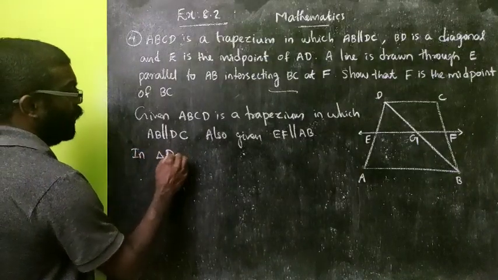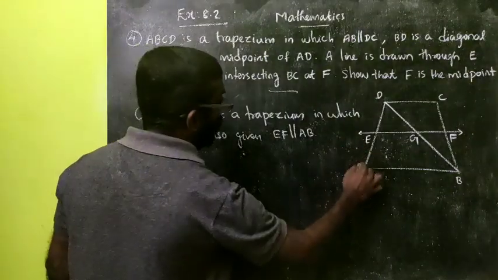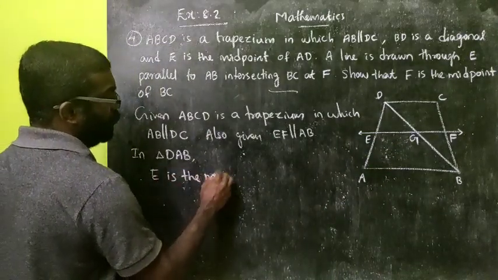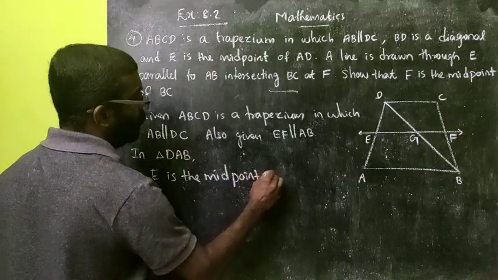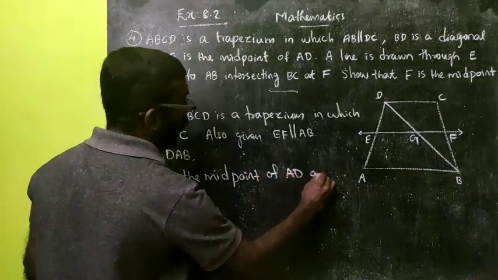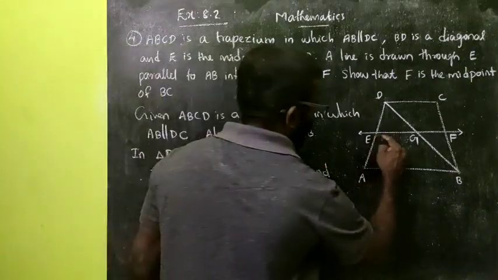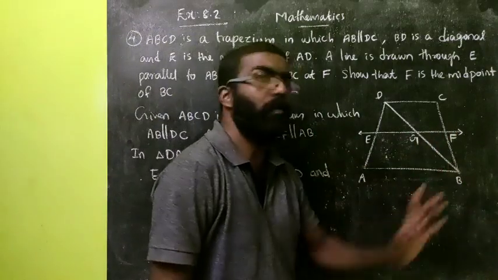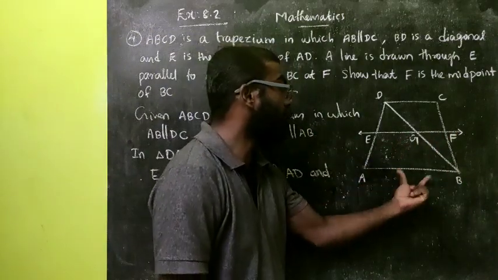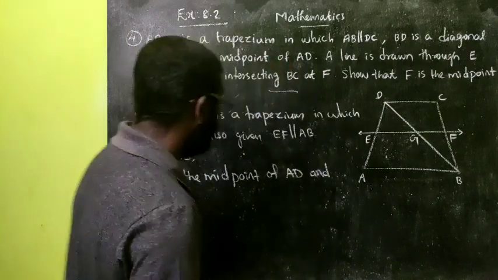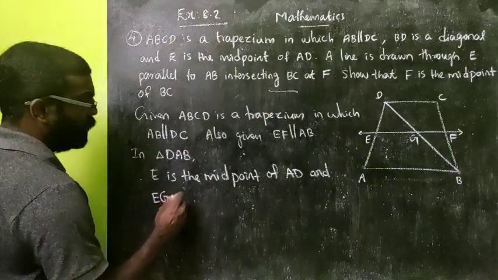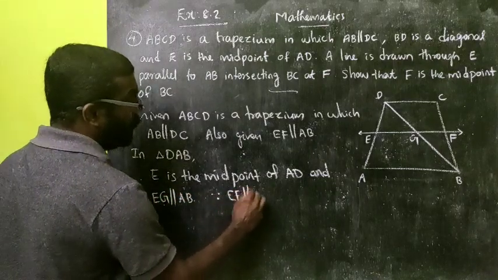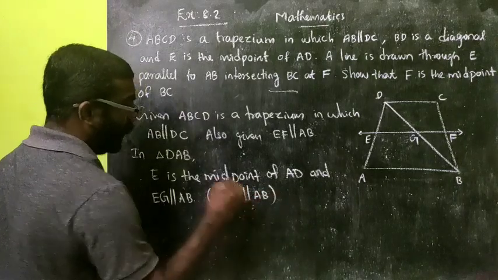So in triangle DAB, E is the midpoint of AD and EG is parallel to AB. EF is parallel to AB. It is given. So EG must be parallel to AB. Okay. And EG is parallel to AB since EF parallel to AB. Okay.